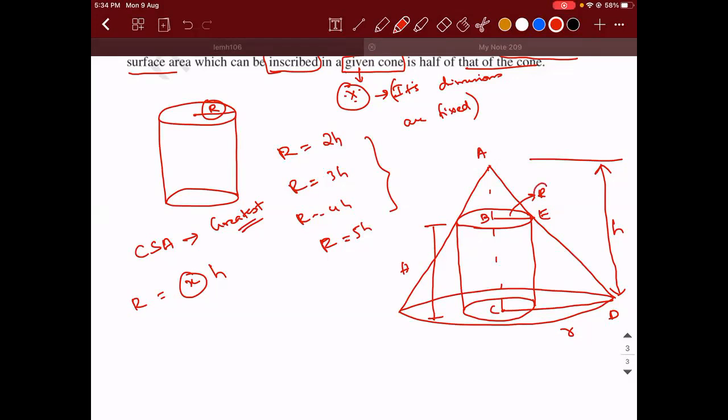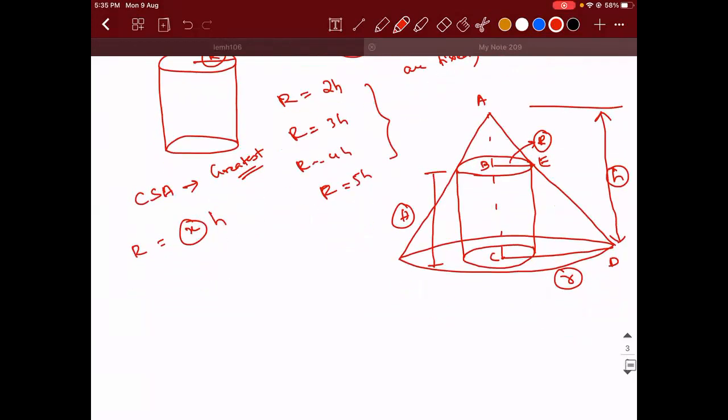One, sir. Capital R, capital H is a variable. There are two variables because small r and h are fixed. I told you, given cone. Small r and h are fixed, but capital R and capital H are changing.